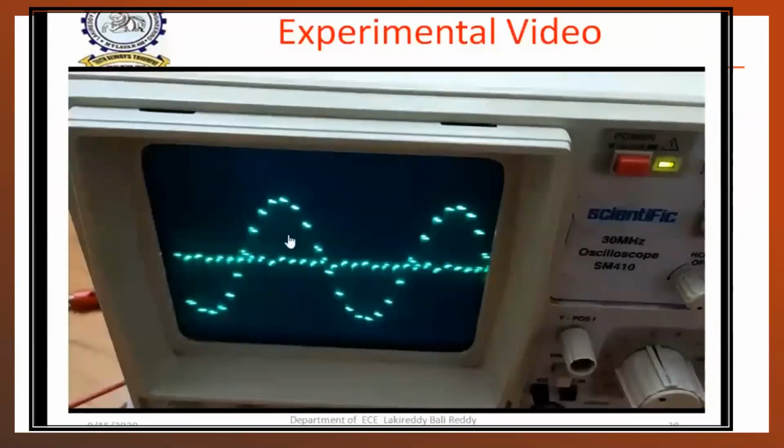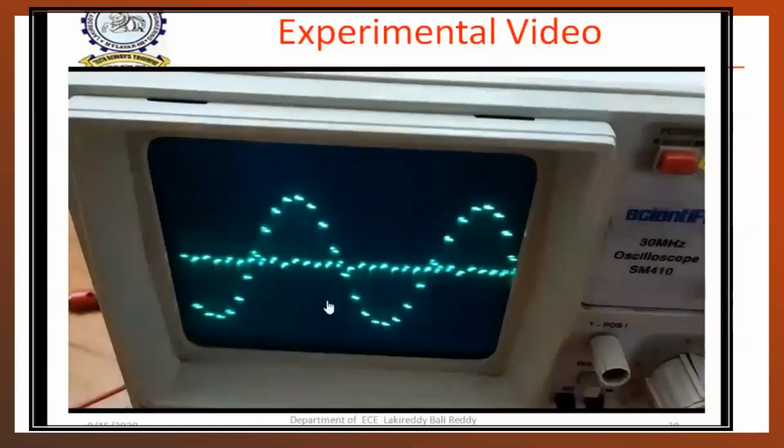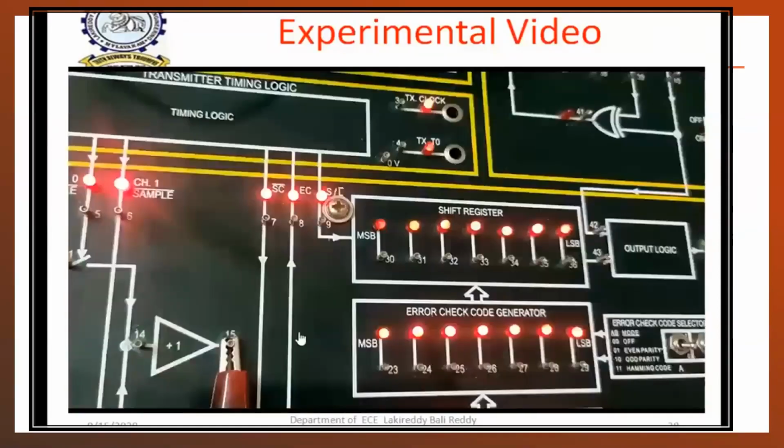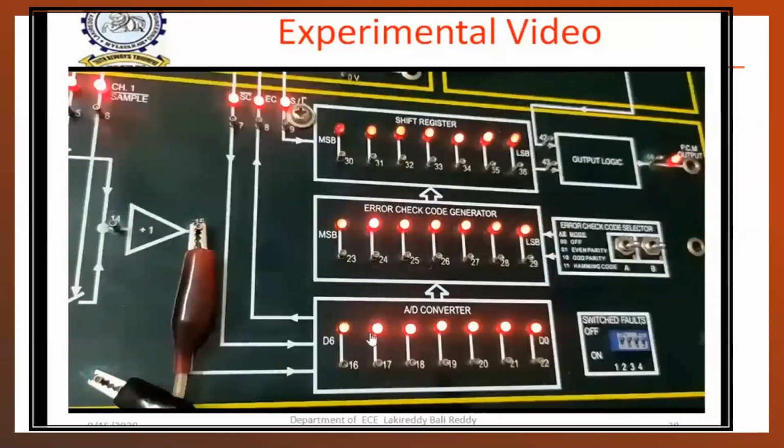Next, all of you observe what the encoded output is here. What is the encoded output after the encoder? You observe that all the LEDs are turned on only. That is not an indication of all ones, because when you observe the sample output in the signal, we have a number of samples.